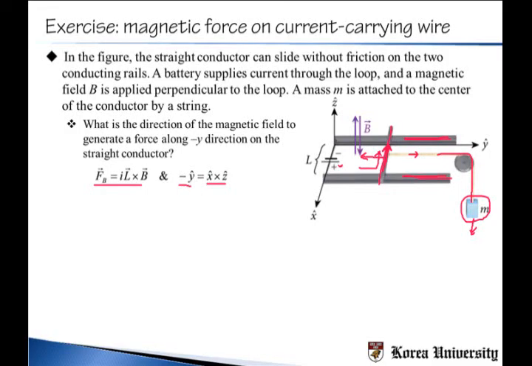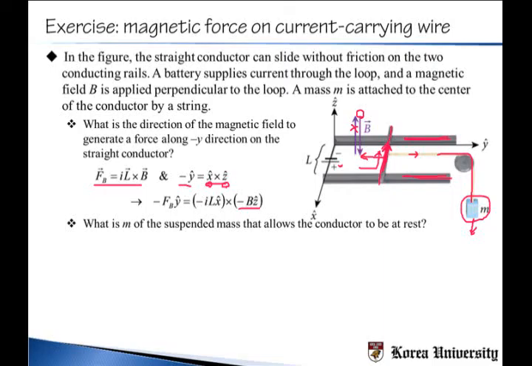And then we have this L vector going to minus x. If this is minus, then in order to get the same sign, we need the minus z, right? As a result, the magnetic field has to be along minus z, which means that it has to be going down. So this is the correct one, and this is the wrong one. Now the magnetic field has to go down.